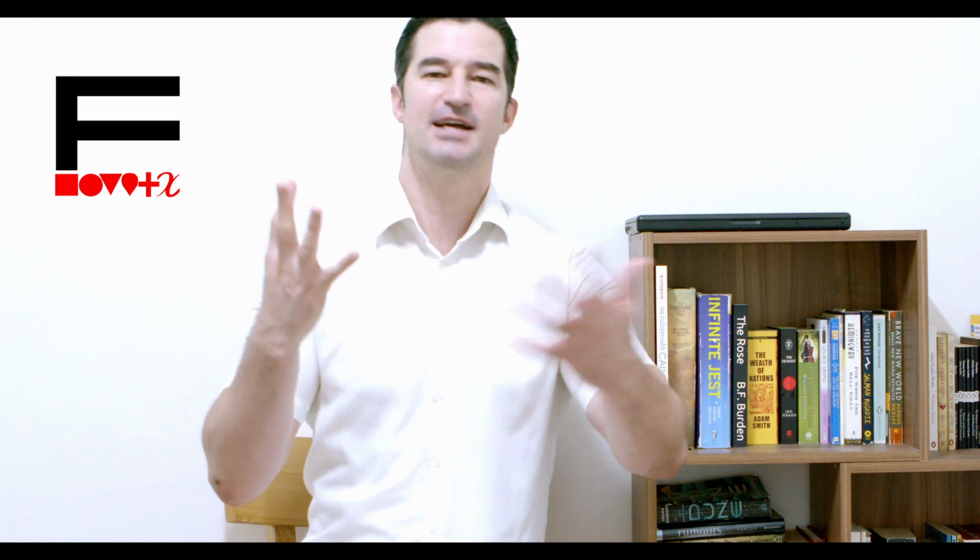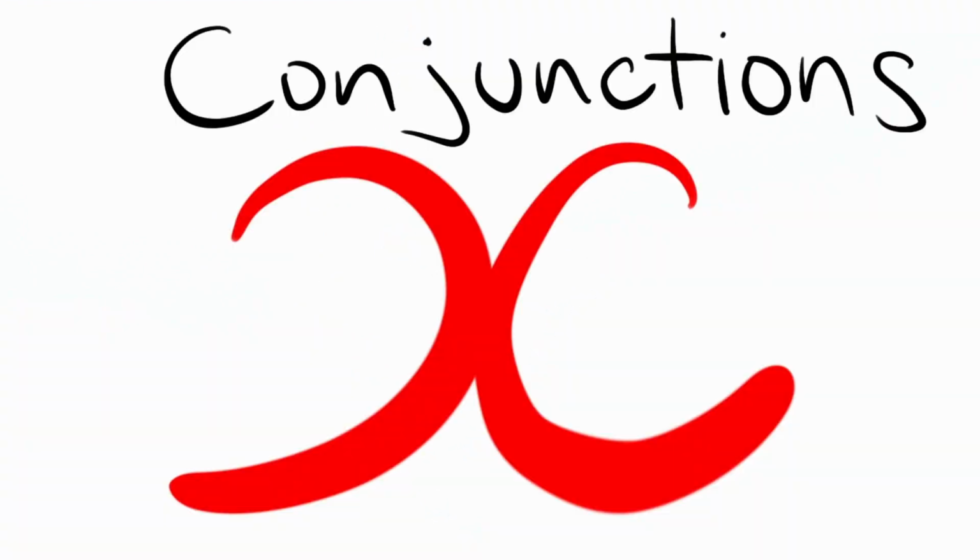So those are the shapes that we have in our symbol. We have the square for nouns, the circle for verbs, the triangle for adjectives, the balloon or the ice cream cone or the marker for adverbs, the plus sign for prepositions, and now this weird sort of X, this cursive X, or maybe this X that you would see in a math equation, but that is the symbol or the shape that we're going to use for conjunctions.